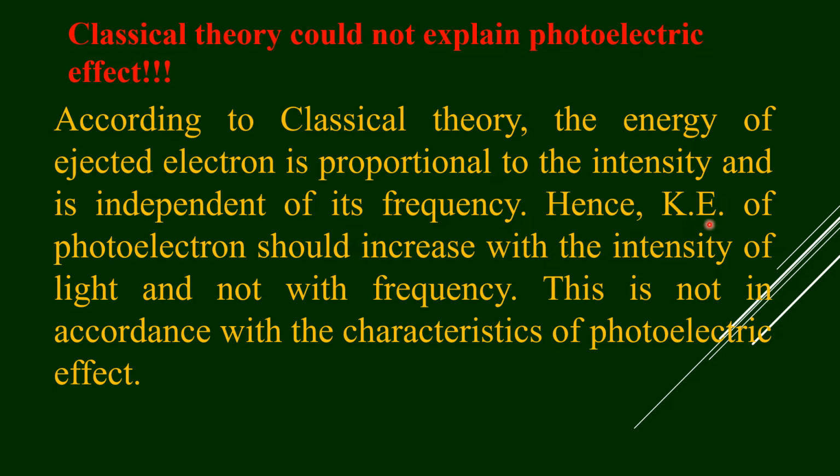Hence, the kinetic energy of a photoelectron should increase with intensity of light and not with frequency. But what we just observed in the last slide is that the kinetic energy depends on the frequency and not on the intensity. So this statement is contradictory. This is the major cause of the failure of classical theory.